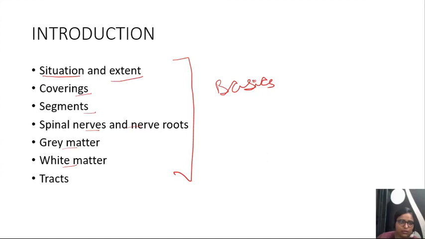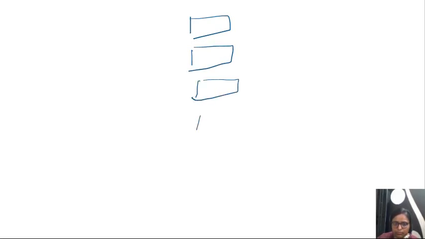If we see, first the situation and extent. The spinal cord is situated where? For example, we see that these are your vertebrae. Fine.